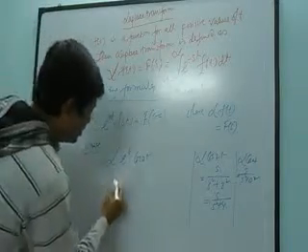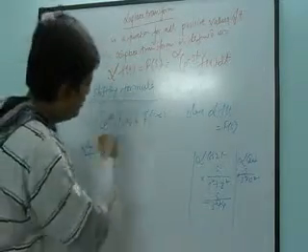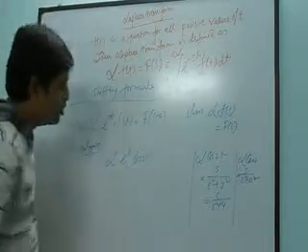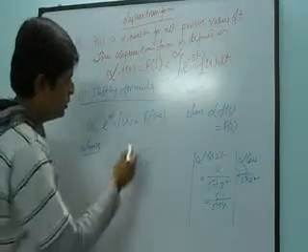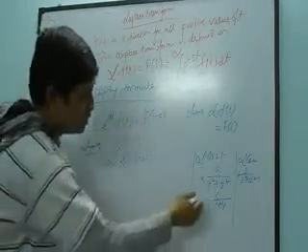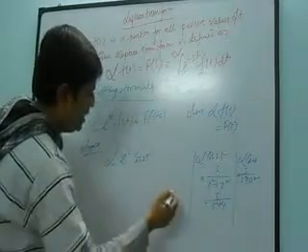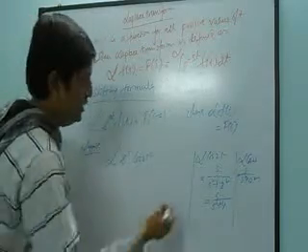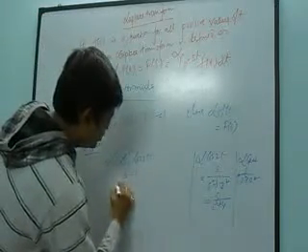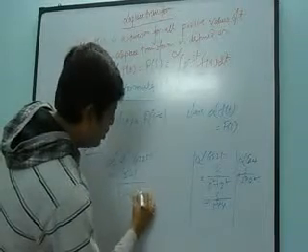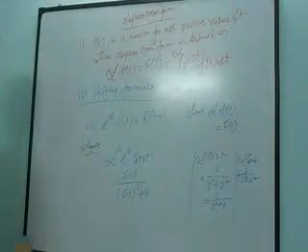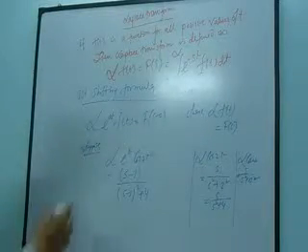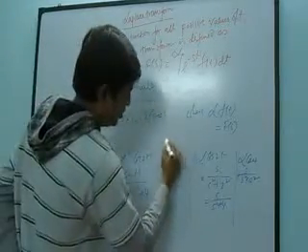Now, with the help of the first shifting theorem, we can find the Laplace transform of e to the power t cos 2t. So the result will be F(s minus a). So simply put s minus 1 in place of s. So s minus 1 divided by s minus 1 whole square plus 4, because a equals 1 here.